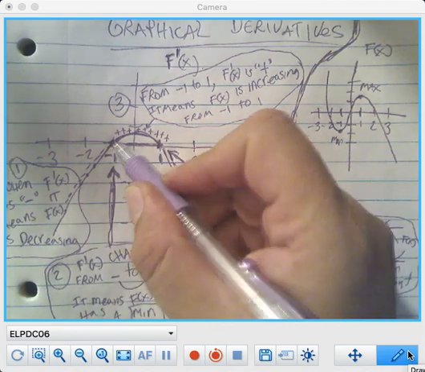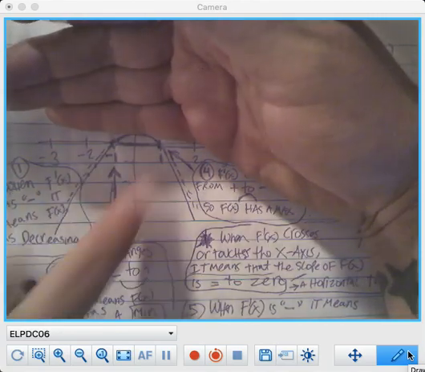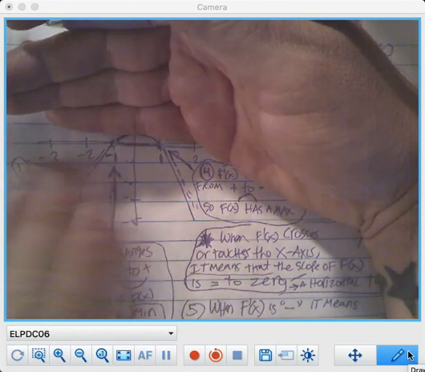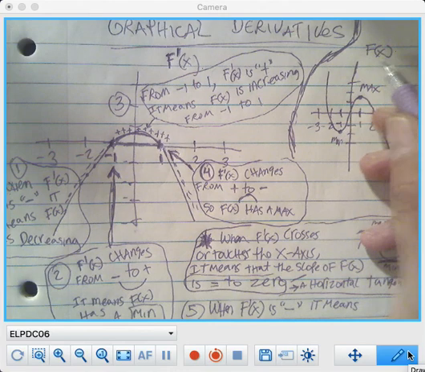So the derivative is negative here because it's below 0. I just put the negative so you guys can see that anything below 0 is negative. So negative derivative, negative derivative. We're not talking about slope. No, this is the derivative, negative here, positive at the top. This is your function.